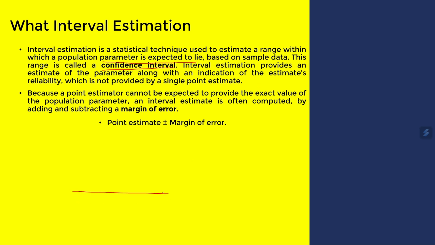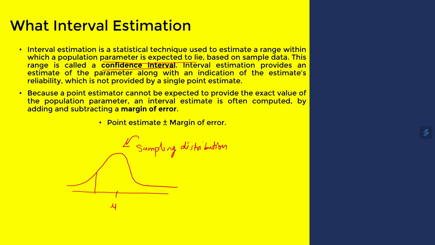What does it mean? We know that this is our normal distribution diagram, and in the middle lies our mu. When we do sampling, the sample mean lies under this, and it is called the sampling distribution. In the case of interval estimation, a population parameter is expected to lie in a particular range based on sample data.